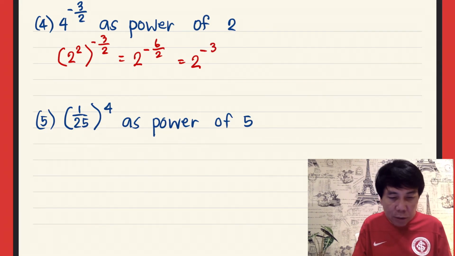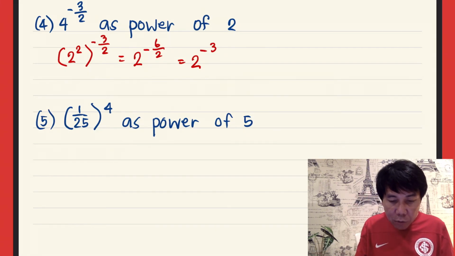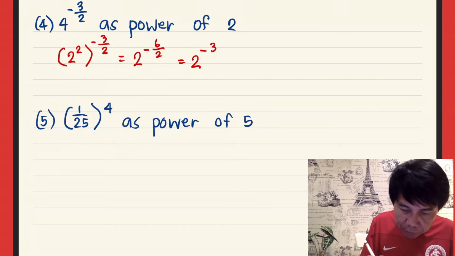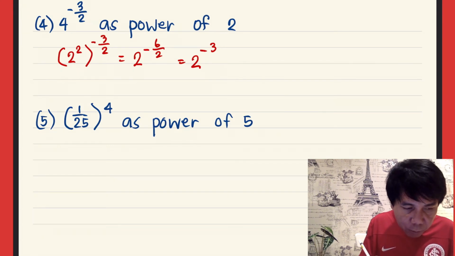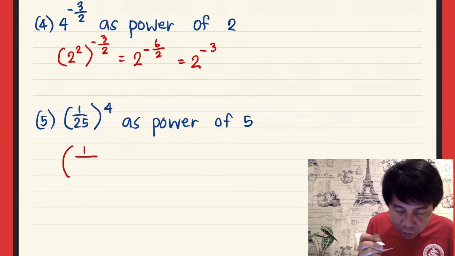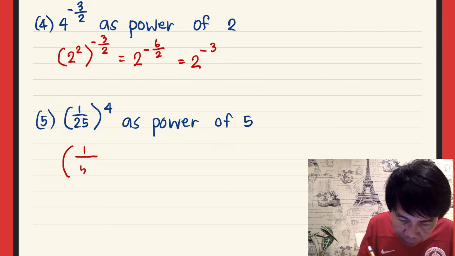Let's proceed to number 5, which is 1 over 25 raised to the power of 4 as a power of 5. What we have to do is make the base 5. So 25 is the same as 5 times 5, that is 5 raised to the power of 2.